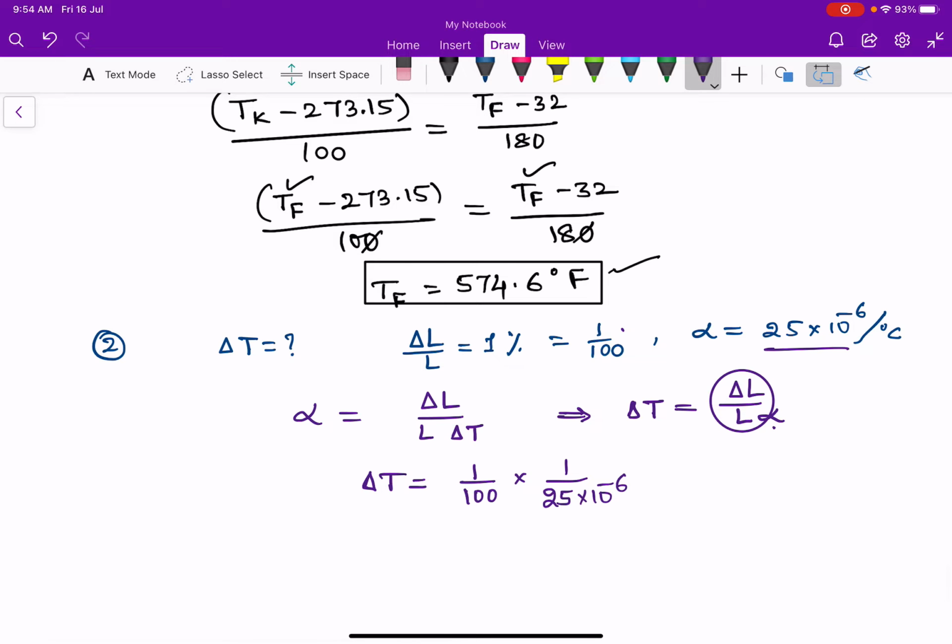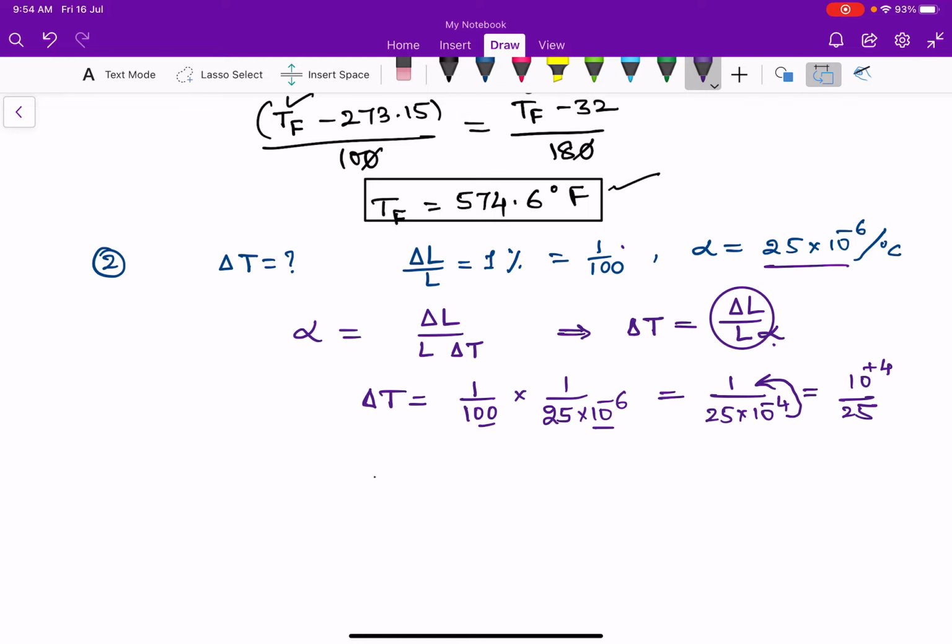So shall I solve this? See here, 10 to the power of 2 and 10 to the power of minus 6 are there. So in the denominator, you will get 10 to the power of minus 4. That is, I am writing it as 1 by 25 into 10 to the power of minus 4. When 10 to the power of minus 4 comes to the numerator, it becomes 10 to the power of plus 4 divided by 25.